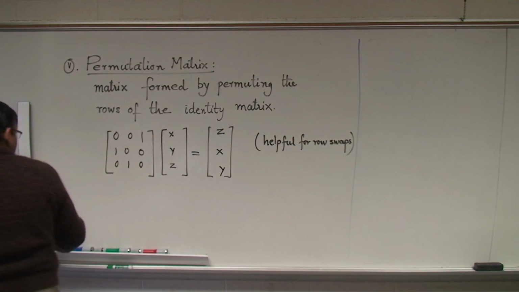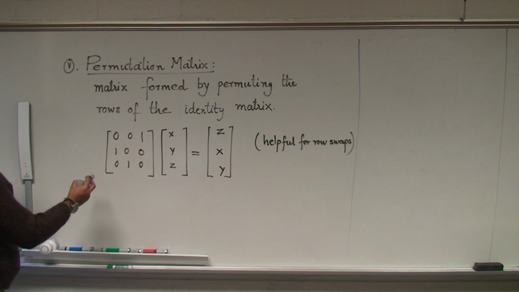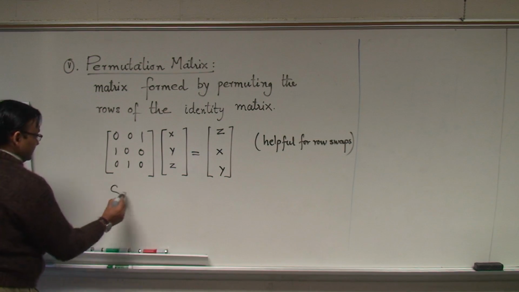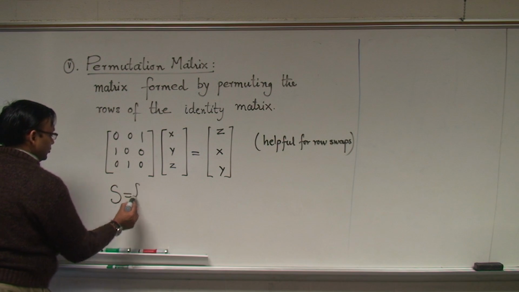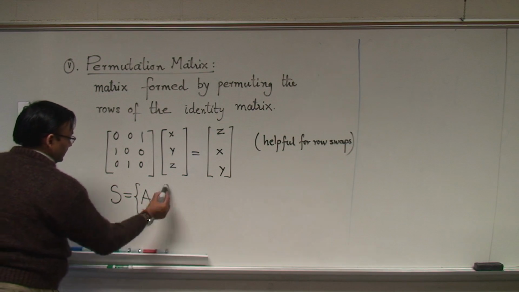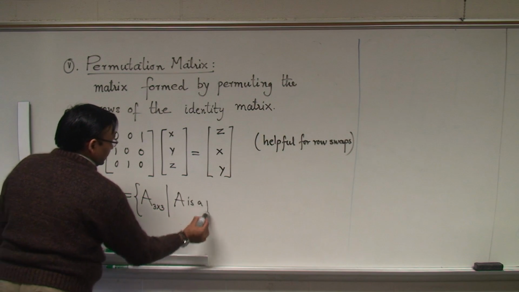In fact, if you look at all possible permutation matrices of size 3, suppose I create a set of all matrices of size 3 such that A is a permutation matrix.